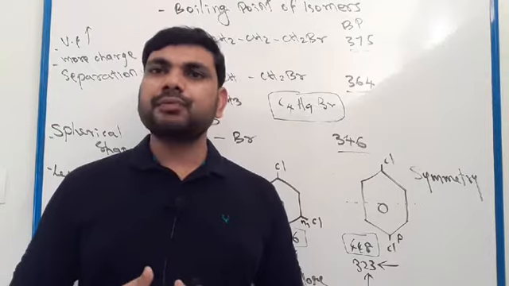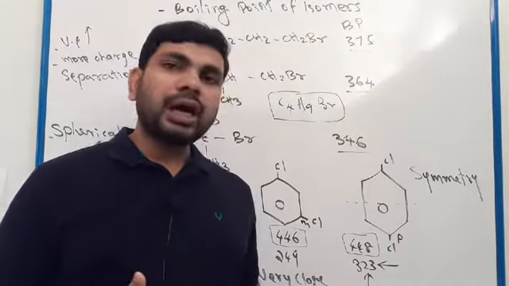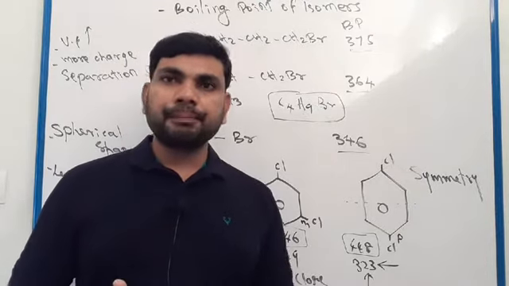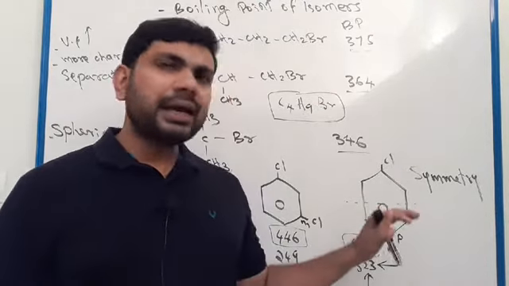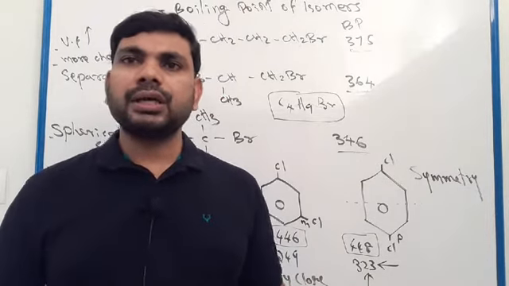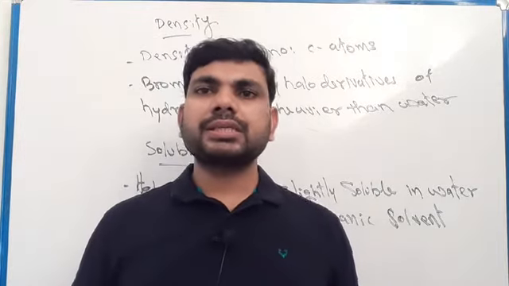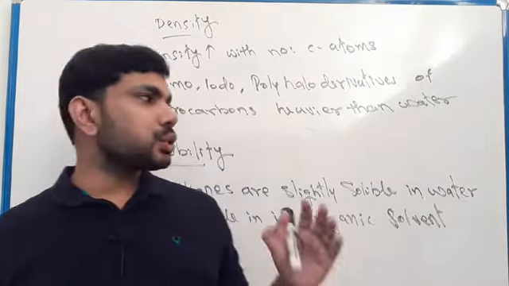To break this force, it needs higher energy. That's why the para isomer shows a higher melting and boiling point. Clear?